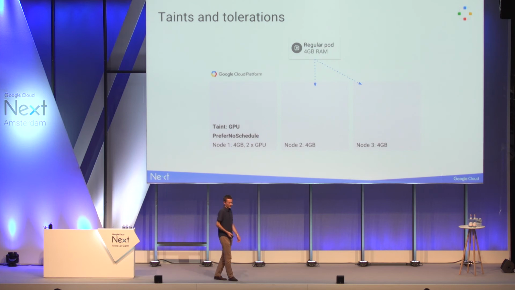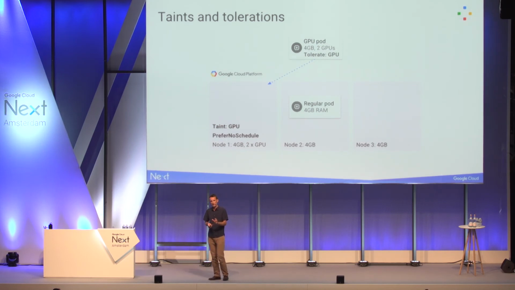So it's saying, I don't want any pods, unless, when the GPU pod comes along, we've given it something called a toleration. So this pod can tolerate running on a GPU node. So we'll get the happy case where the regular pod has not been scheduled there because it was repelled, because it did not have that toleration. But the pod with the toleration for GPU, the one that wants the GPU, can take the slot.